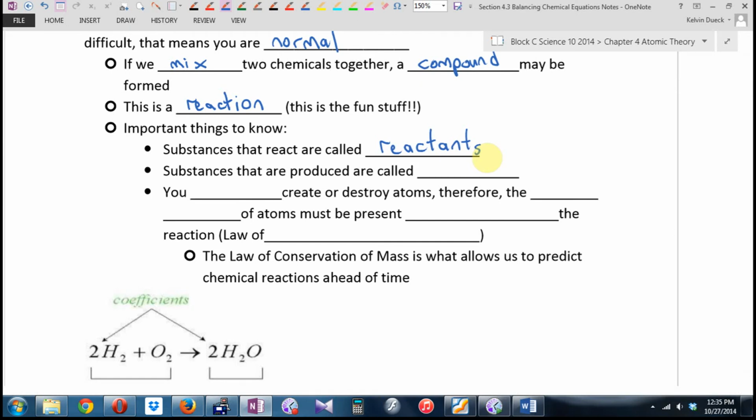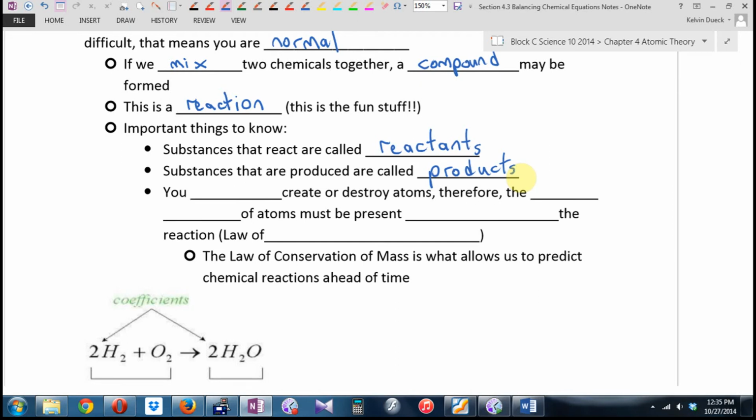Hey, the word is in there. Substances that are produced are called products. Thankfully, they didn't go all Latin with those names. They used names that make sense. So we have reactants. That's what you mix together. What you end up with is called a product.